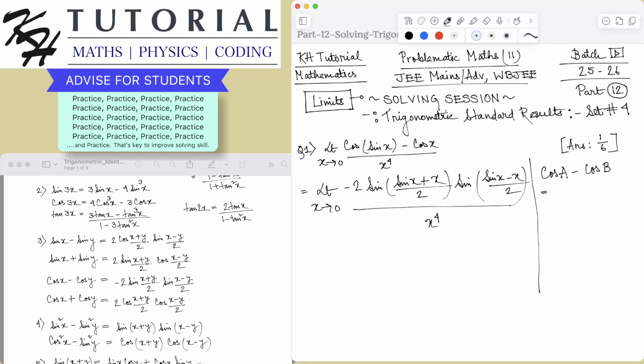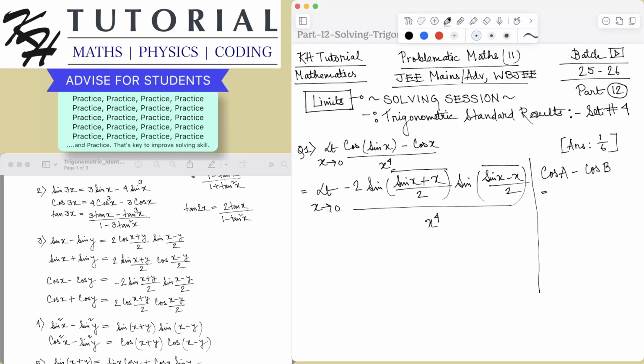So in the numerator I have two factors of the function sin, and the arguments are (sin x plus x) by 2 and (sin x minus x) by 2. So definitely (sin x plus x) by 2 will tend to 0 when x tends to 0.